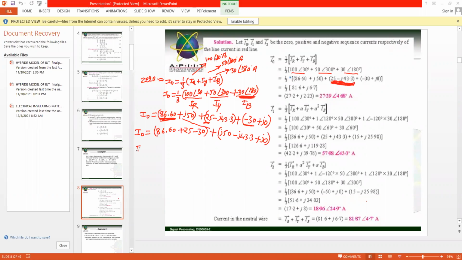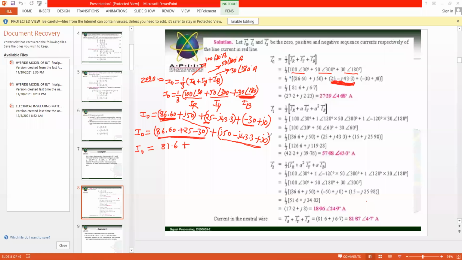So next, I0 is equal to, get me the value of this bracket. 81.6. Very good. 81.6 plus, now next bracket, j50 minus j43 plus j0.